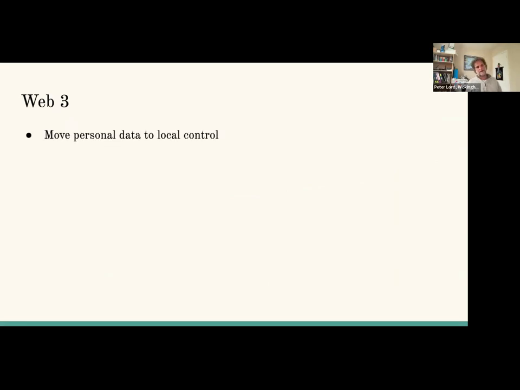So, some features about Web3 then, just to summarize, and I'll pause after this to see if there are any further questions. The whole point about Web3 is to move this data under local control. Most Web3 applications use a blockchain implementation, although they don't have to. I don't want to give the impression that blockchain is the only way to do it; there are alternatives.